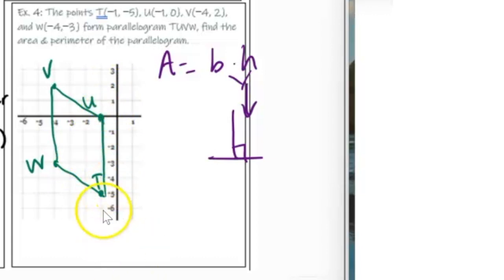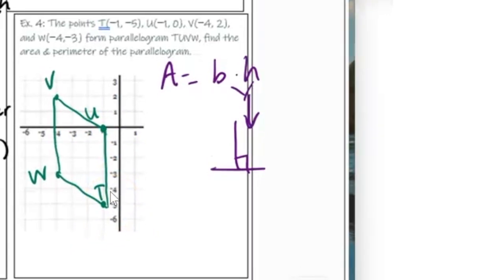I wish I could turn my computer around, but I can't. If I count this as the base, then my height just needs to go to the top of the shape, straight 90 degrees from that. Sometimes it's outside the shape, so let me do it outside.